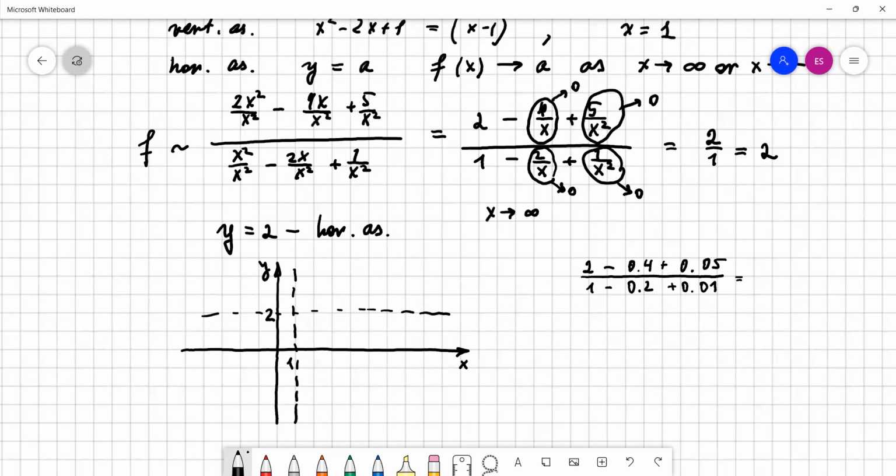Let's see what it's going to be. 2 minus 0.4 is 1.6, right? So it's 1.6 and an extra 0.05, 1.65. In the denominator, 1 minus 0.2 is 0.8, plus 0.01, 0.81.